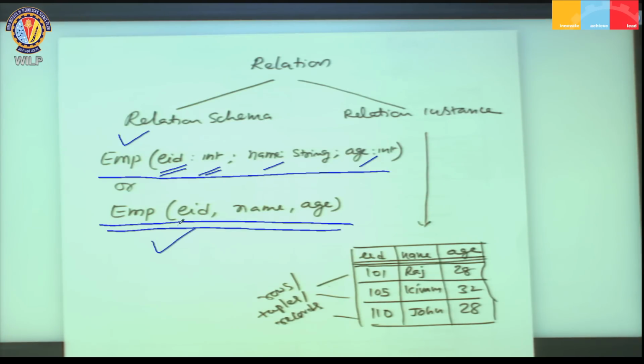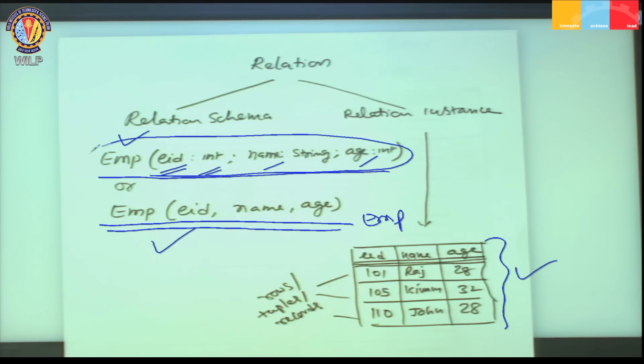Now coming to the relation instance, the schema defines the structure for the rows or instances of that relation. This can be considered as a relation instance for the Employee relation. For the Employee relation, this is the schema, and this is the instance.